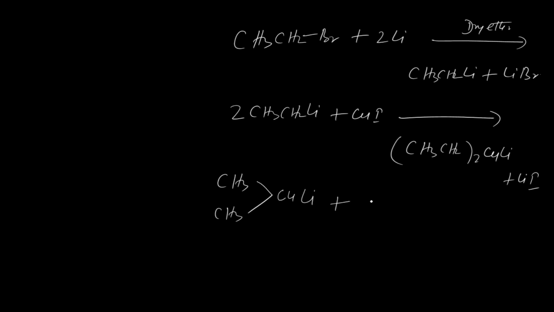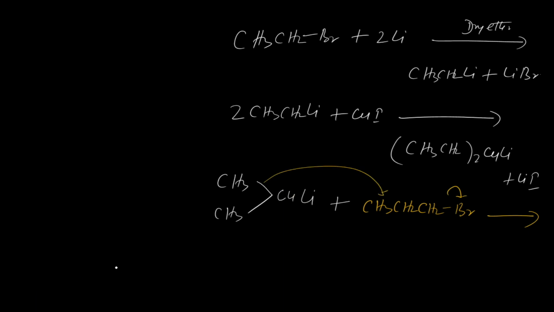will again combine with another halide. Suppose we took this 2-carbon halide, now I take a 3-carbon halide. The 3-carbon halide is CH3CH2CH2Br, and it will get combined with this one.